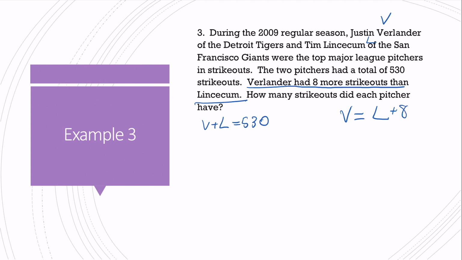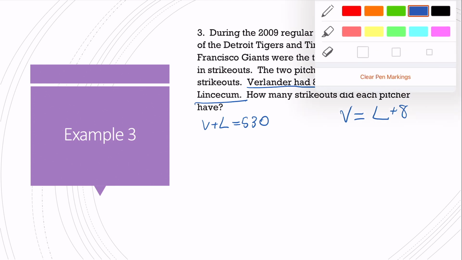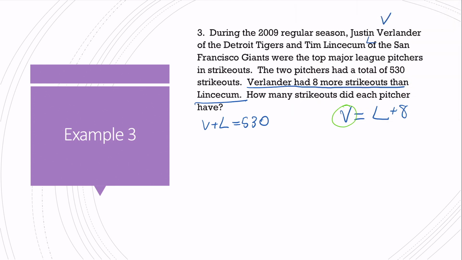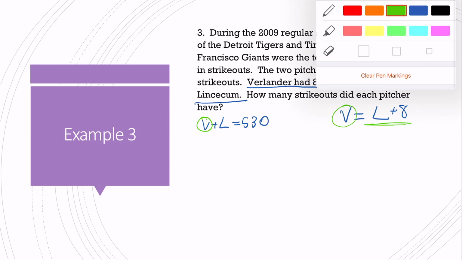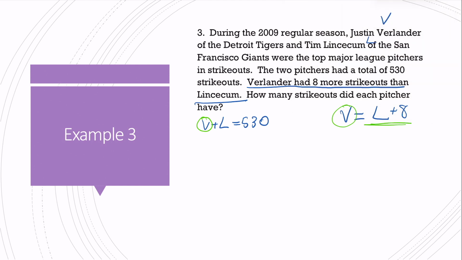Now I have 2 equations and 2 variables, but I can substitute. I know what V is. I can substitute in for V, L plus 8. So I could rewrite this as L plus 8 plus L equals 530. So I have 2L plus 8 is 530. 2L is 522.